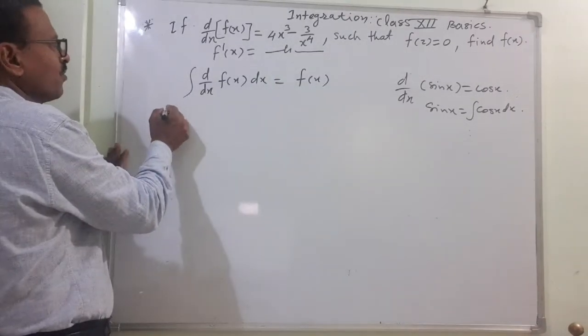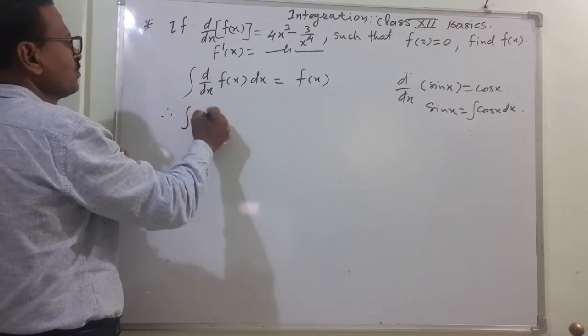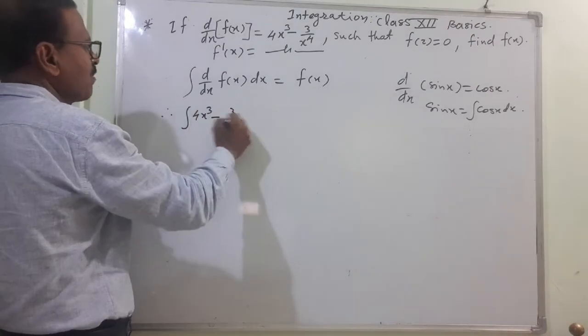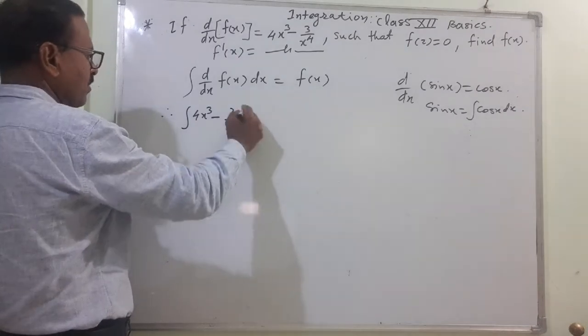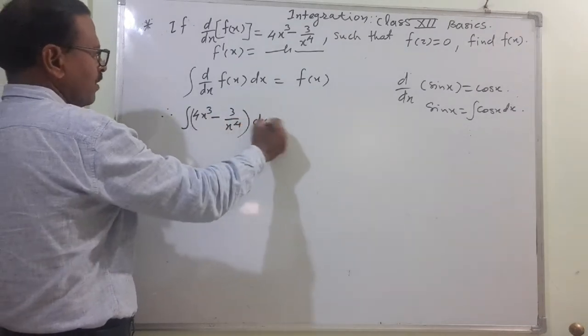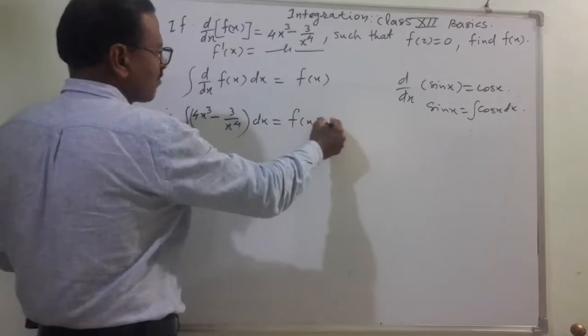So therefore, d by dx is how much? 4x cube minus 3 upon x raised to 4. This is the derivative. Dx is equal to f of x. So I will get the function from this.